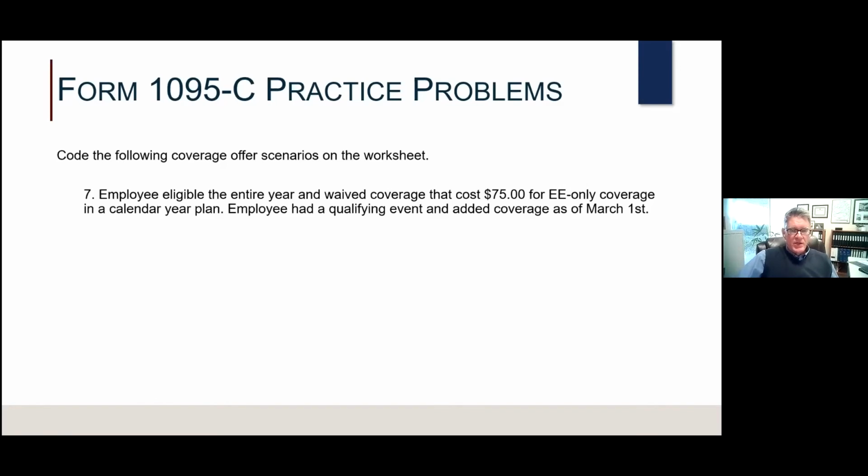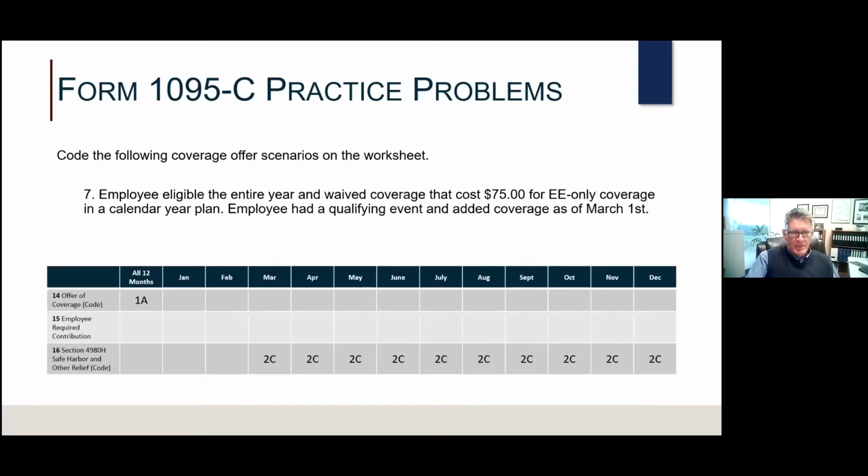Employee eligible the entire year, waived coverage that costs $75 on a calendar year plan. Employee had a qualifying event and added coverage on March the 1st. Really kind of the same example as the last one. Again, you have your 1A code here. You have no data on line 15. There's no safe harbor required in January or February because you're doing a qualifying offer of coverage.